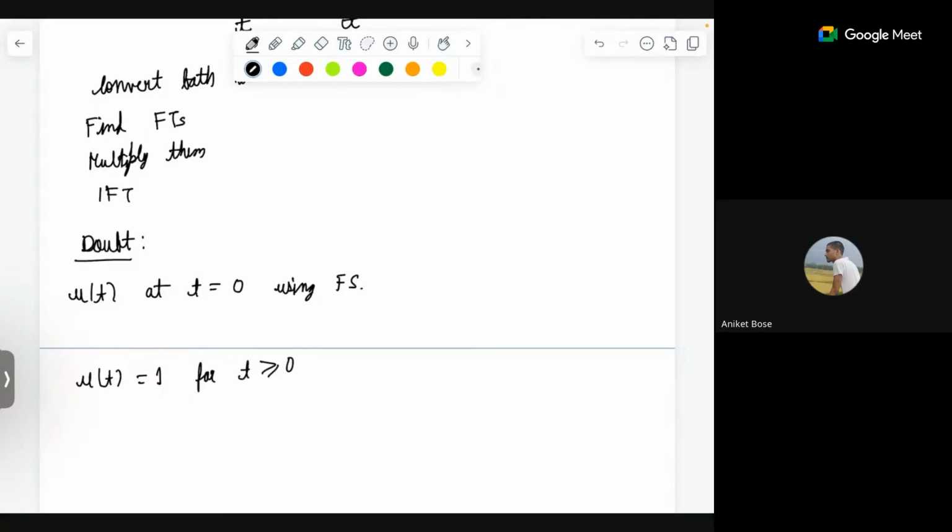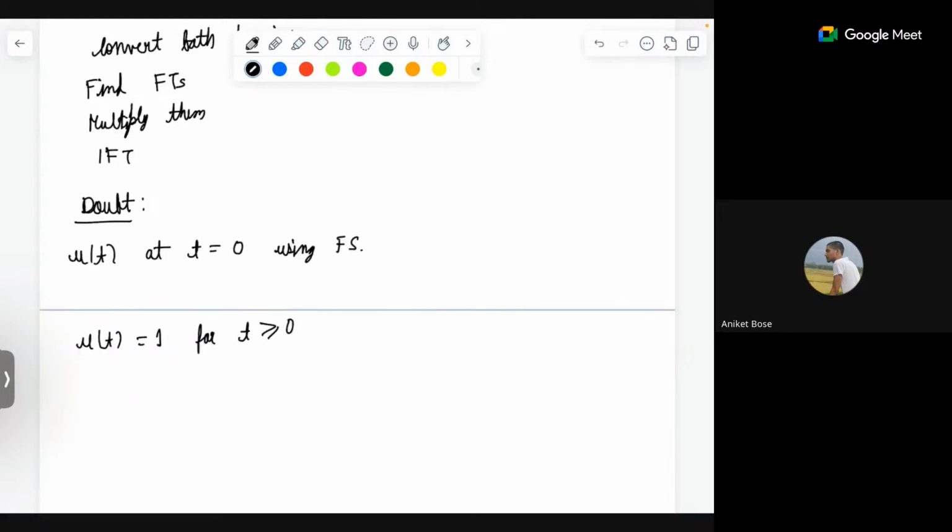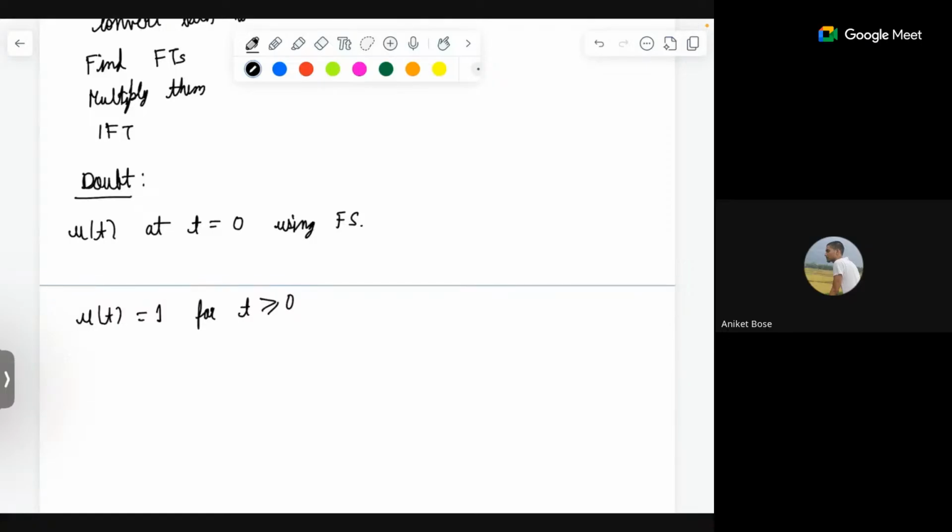Do you recall Gibbs phenomena? Yes, ma'am. So if we use Gibbs phenomena, when we have to use the value of u(t) at t equal to 0, we take the value of u(t) before t equal to 0 and the value after t equal to 0, and we just average them out.